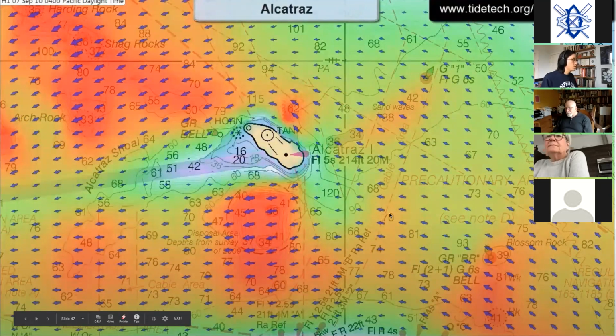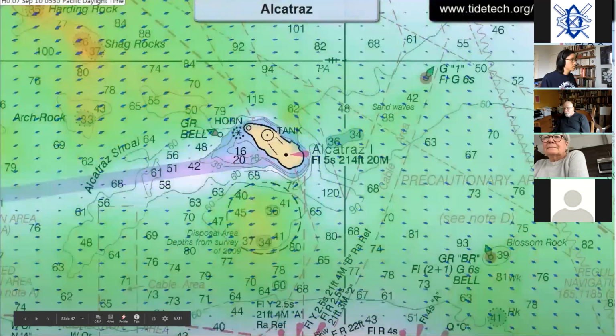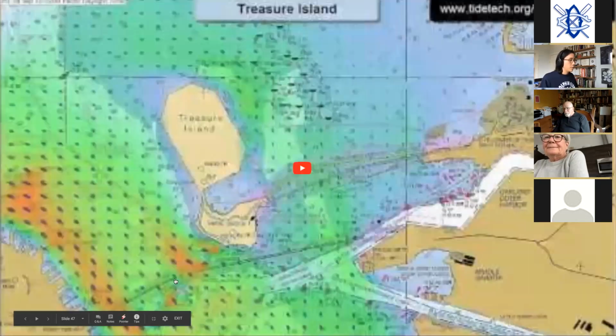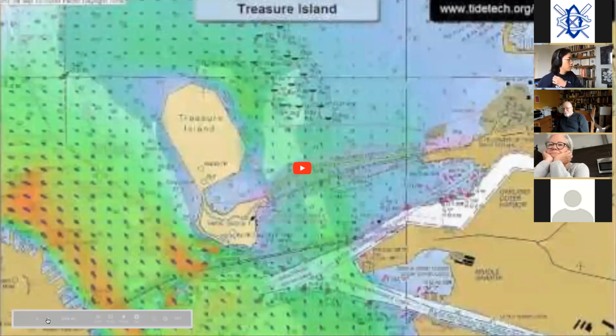The current flows around it, creating areas where there's no current at all behind it. And it would be true in the opposite direction, on the opposite side when it's flooding. Anyway, I have a link to that video if you want to watch it, but I think it's just a nice visualization of the strength of the current.